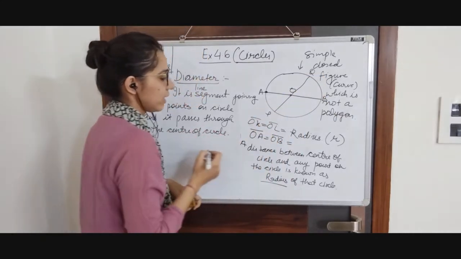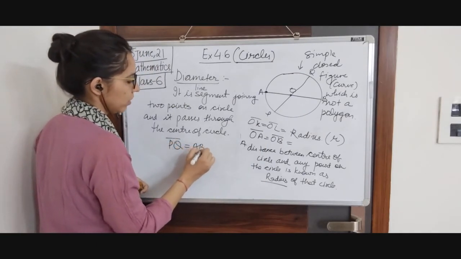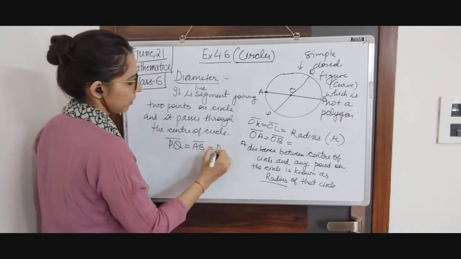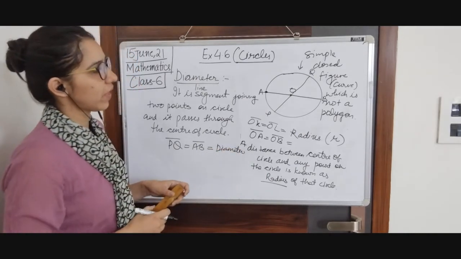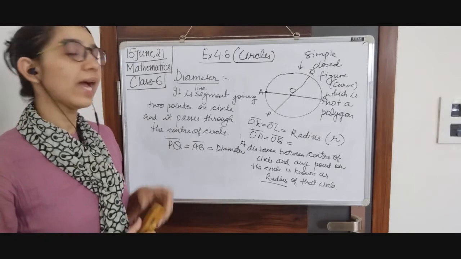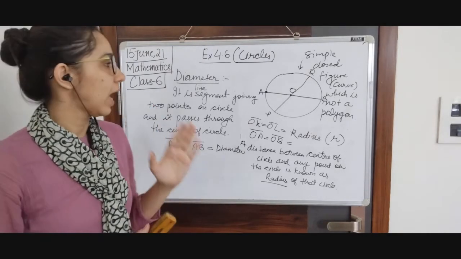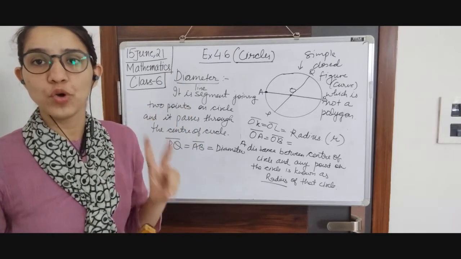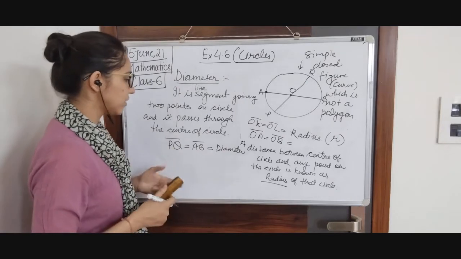So PQ is equal to AB is equal to the diameter. In other terms, you can say that a line segment which passes through the center and touches the circle at two points is known as a diameter of that circle.